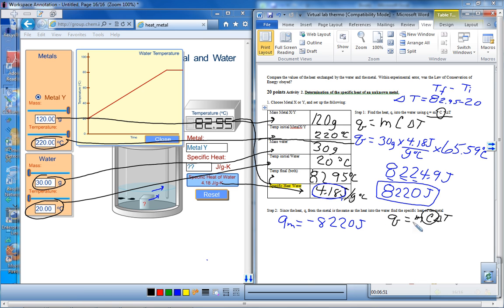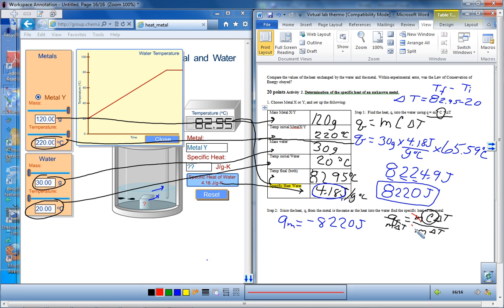So if I want to get C by itself, I've got to divide by m and delta T. If I do that on one side, I must do it on the other side. So m delta T. They're going to cancel out over there.